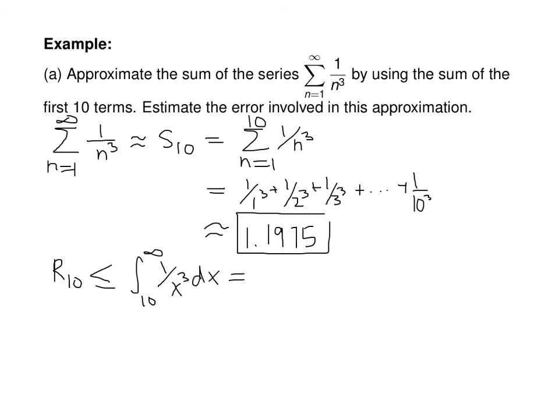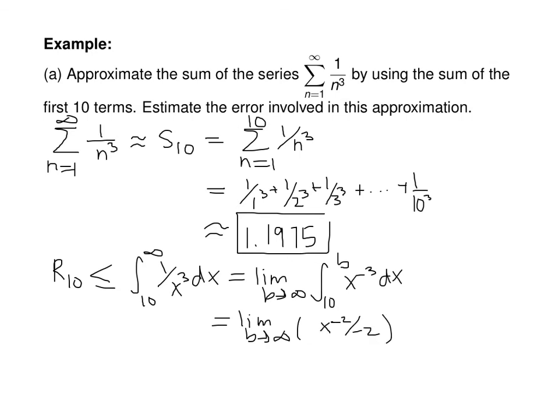So that's the same thing as finding the limit as b goes to infinity of the integral from 10 to b of x to the negative 3 dx. The antiderivative of x to the negative 3 is x to the negative 2 over negative 2, evaluated from 10 to b.